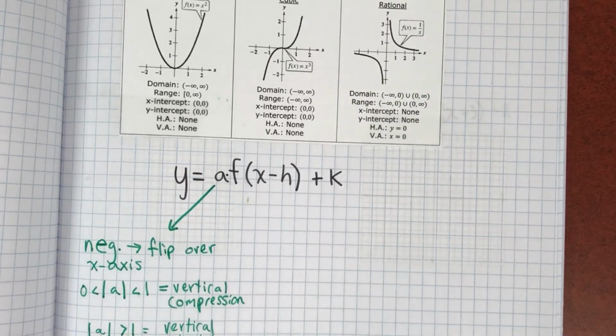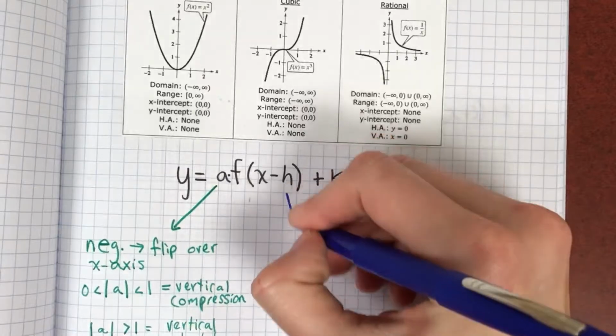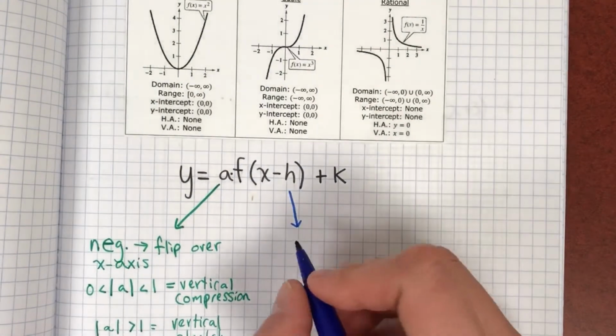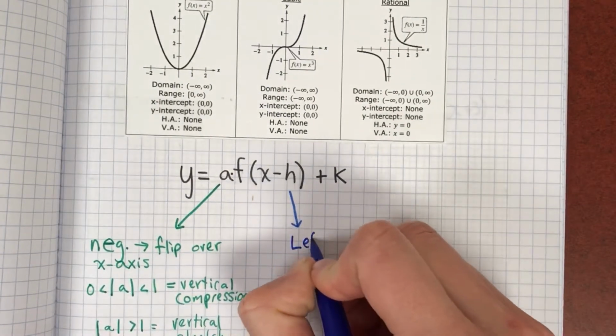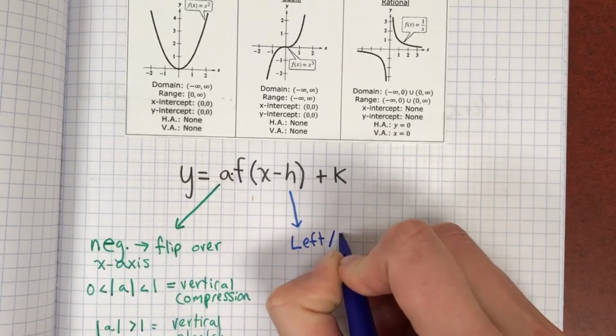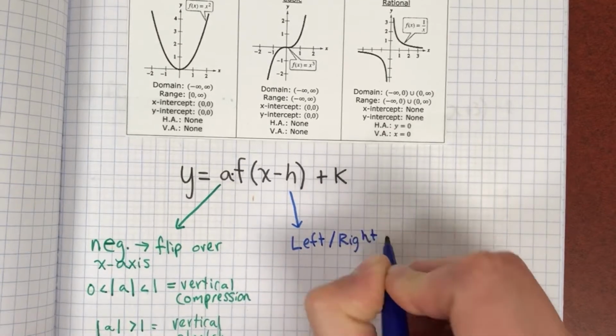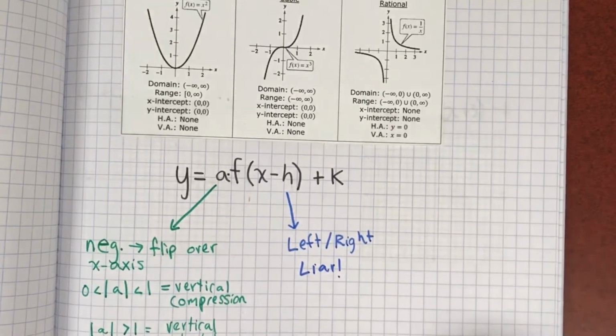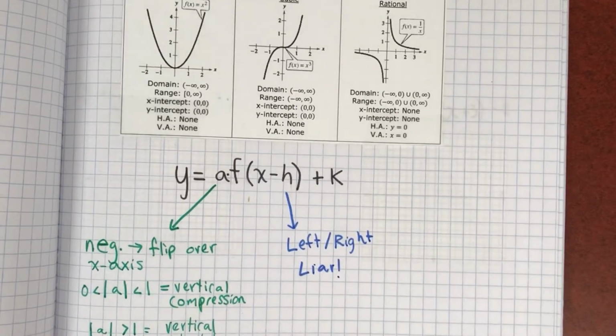All right, our next value is our H, and that is a left or right shift. So that's a horizontal shift. We move left or right, and I like to call it a liar. Okay, if it says -3, I'm going to move 3 in the positive direction.